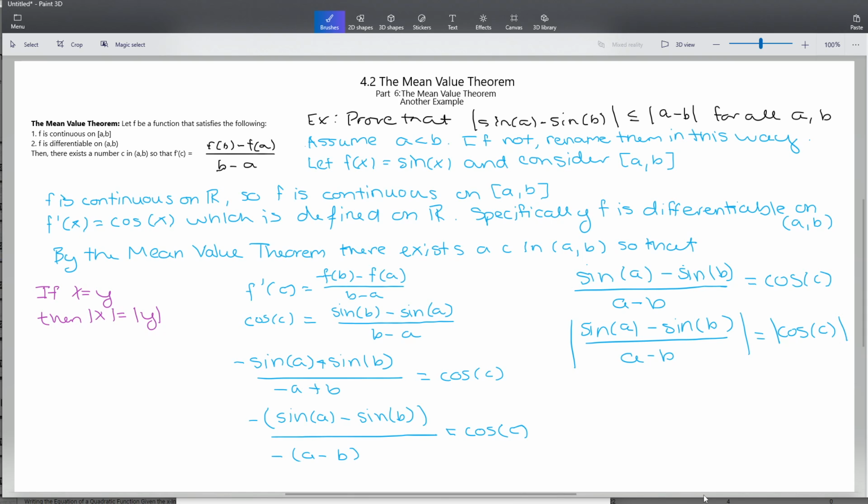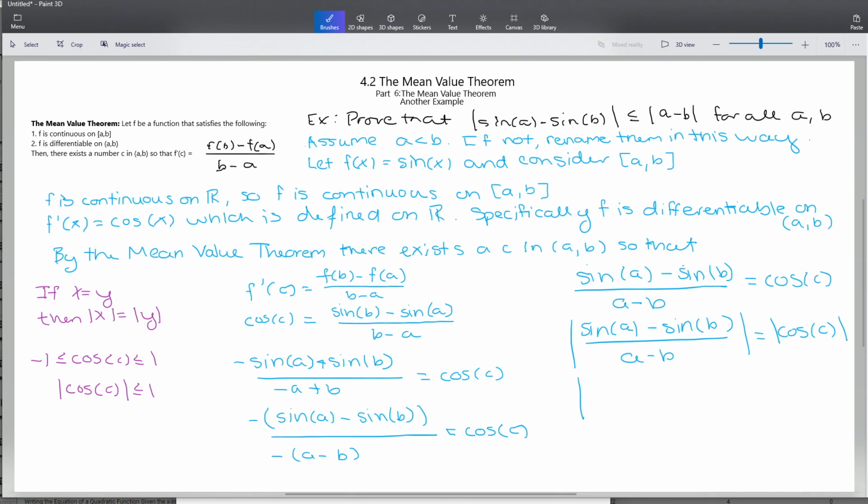Now we need a fact about cosine. We know that cosine is between -1 and 1 for any value of C, and what this means is that the absolute value of cosine is going to be less than or equal to 1. So I'm going to use this information.